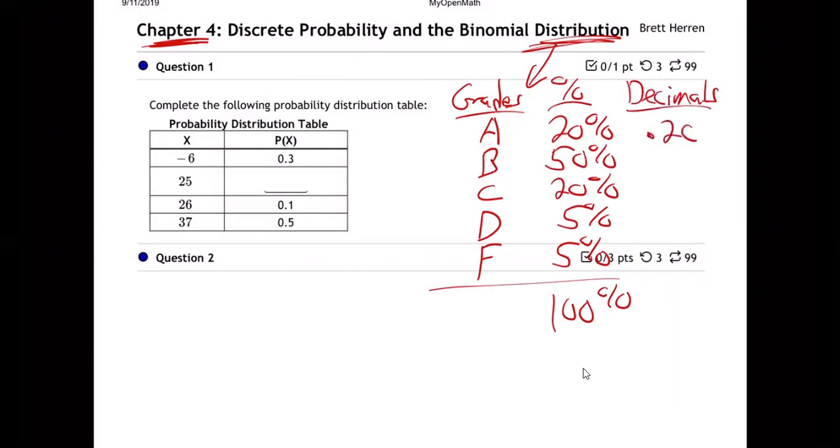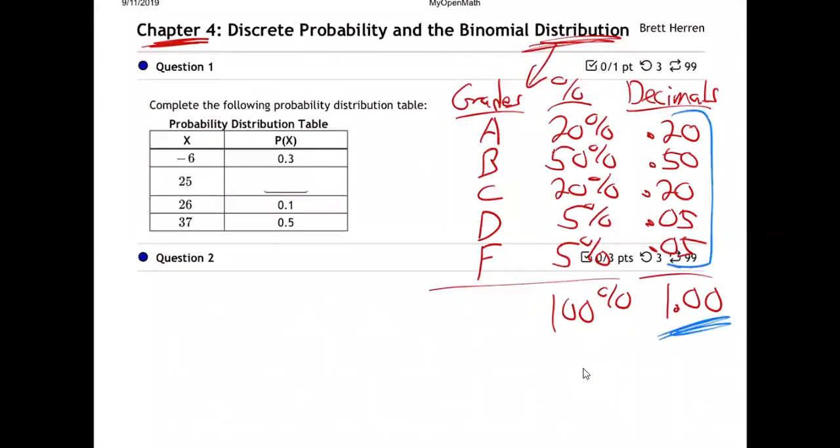I could make this 0.20, 0.50, 0.20, 0.05, 0.05, and they add up to 1.00 in decimal, which is the same as 100%, isn't it? So notice, guys and gals, that they have to add up to be 100% or 1.0 in decimal, don't they?